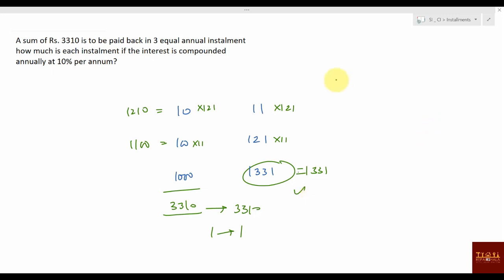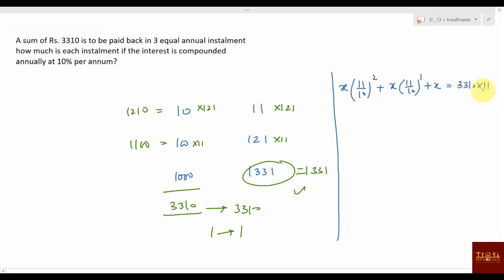Let's see how we are getting the answer in the previous method. I would say 3 equal installments means suppose x is your installment. So 3 means it will be starting from x, then x into 11 by 10, plus x into 121 by 100, will be what? You can say 3310 into 11 by 10 raised to power 3, for 3 years.